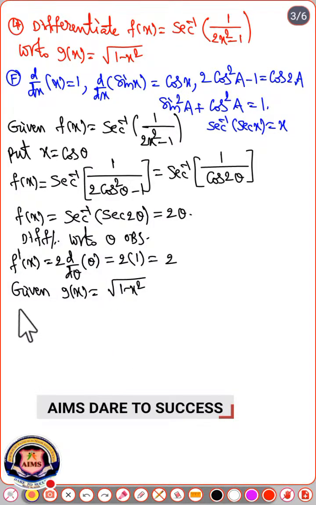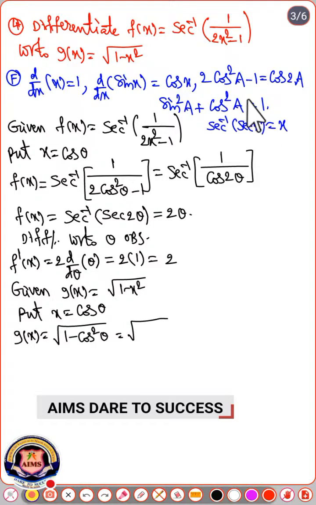Here also you can substitute x is equal to cos theta. Why? Because there is no formula for under root 1 minus x square in differentiation, so we can use this substitution. So we get g of x is equal to under root 1 minus cos square theta, since x square is cos square theta.